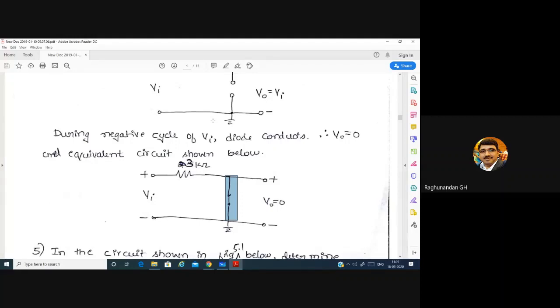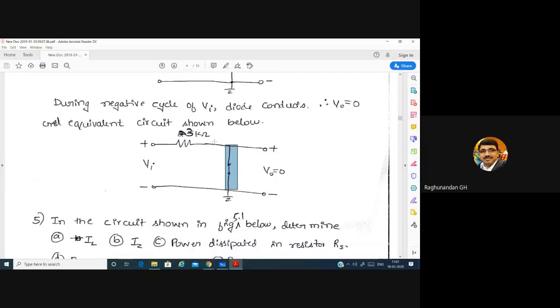Across this short circuit there will be current, because current always looks for a short circuit, a low resistance path. So current will flow, but since there is no resistance, the voltage will be 0, because V is equal to I into R, and R is 0, so V becomes 0.